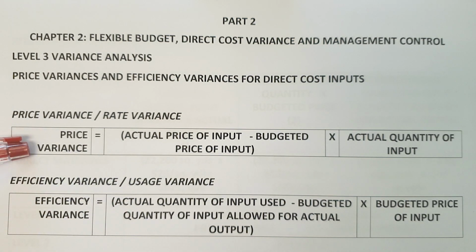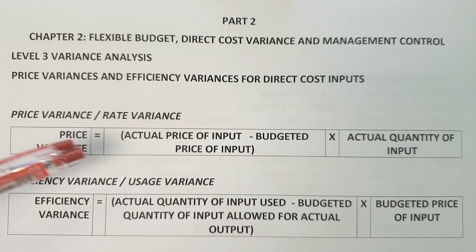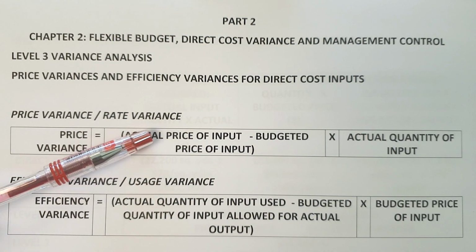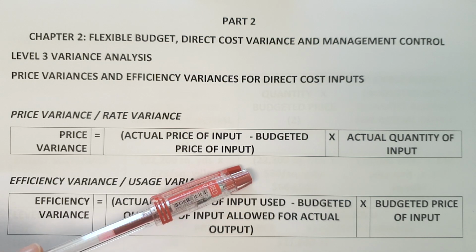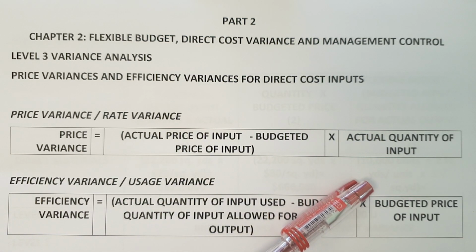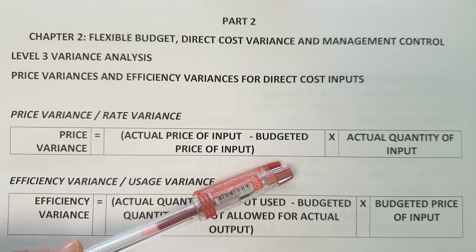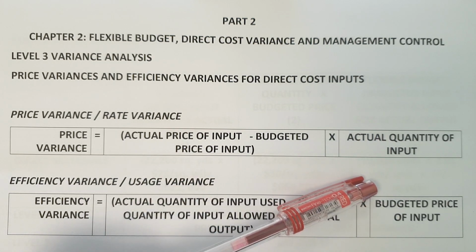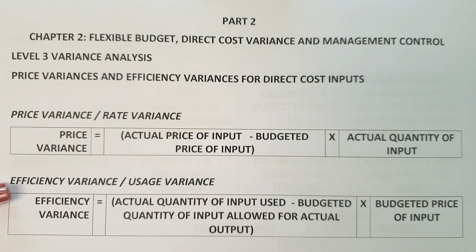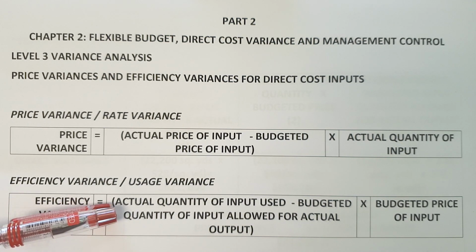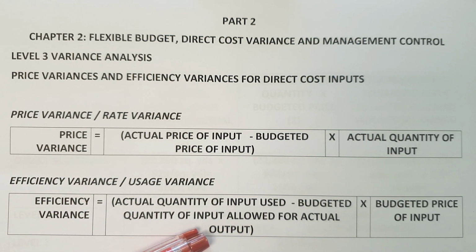For the price variance, the formula is actual price of input minus budgeted price of input, times actual quantity of input. As for efficiency variance, the formula is actual quantity of input used minus budgeted quantity of input allowed for actual output, times budgeted price of the input.